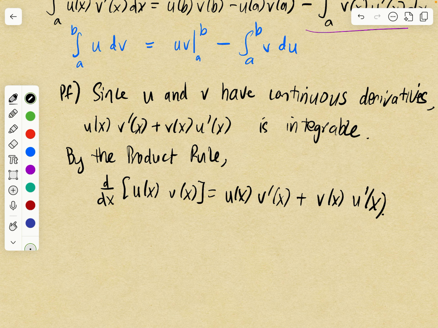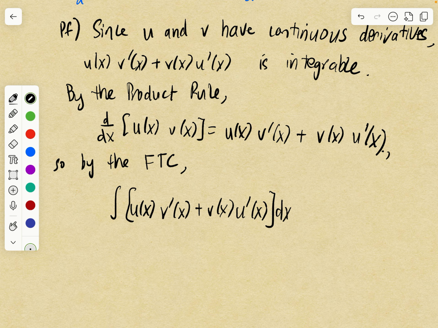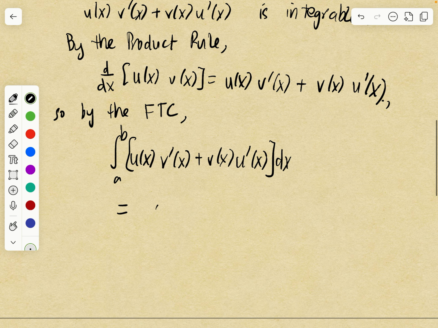So, by the fundamental theorem of calculus, the integral of u of x times v prime of x plus v of x u prime of x from a to b is just equal to, you take the function uv and then plug in b and then subtract what you get when you plug in a. So it's just u of b times v of b minus u of a times v of a.